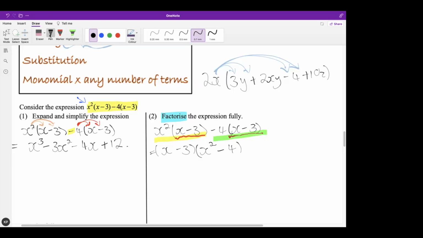Look at your brackets that are left. Can we do anything about x minus 3? No, we can't. Can we do anything about x squared minus 4? Look carefully. What are my different ways of factorizing, guys? I have a difference of 2 squares.